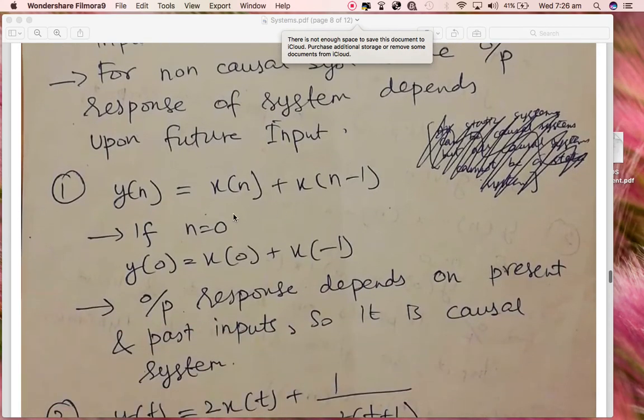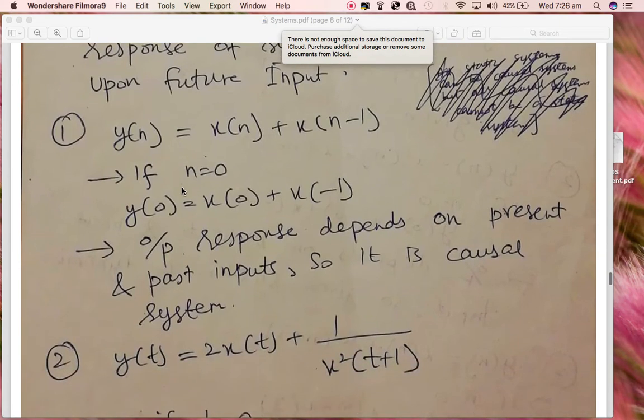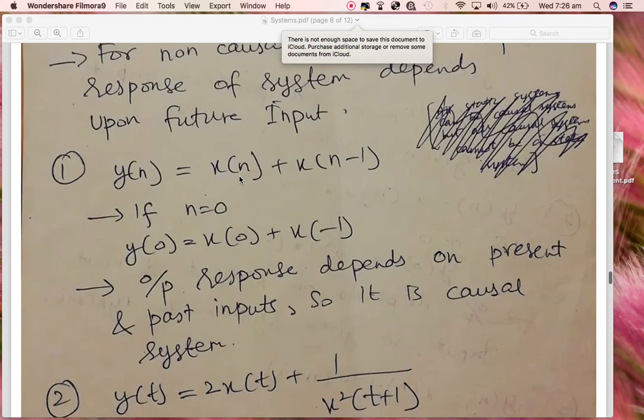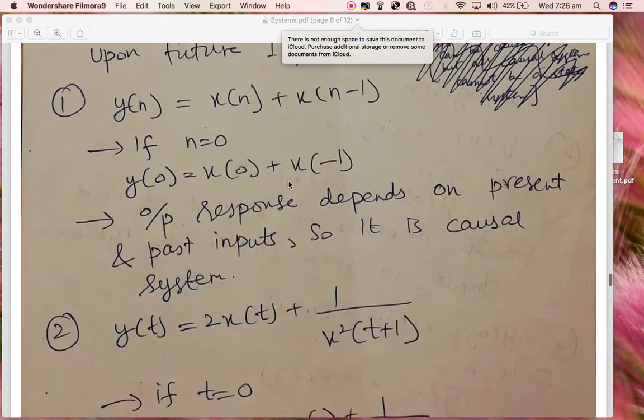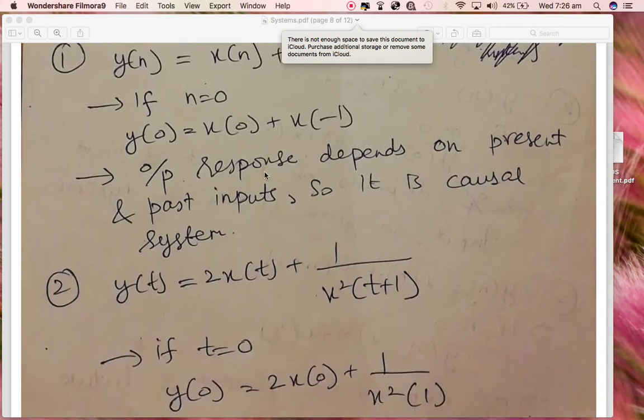So for any system equation like this, if we have to check whether it is a causal or non-causal system, we replace the value of n with 0, and we can see over here that the output is calculated based on the present value of input as well as past value of input. So it is a kind of causal system.